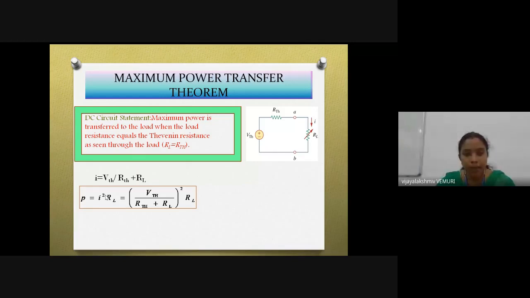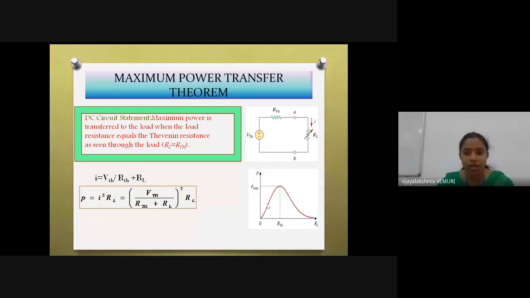Maximum power is transferred from source to the load when the load resistance RL equals RTH. That we will be proving. This is how the power curve will be.